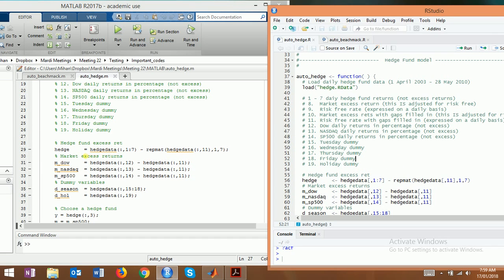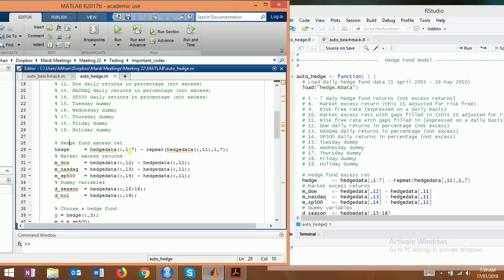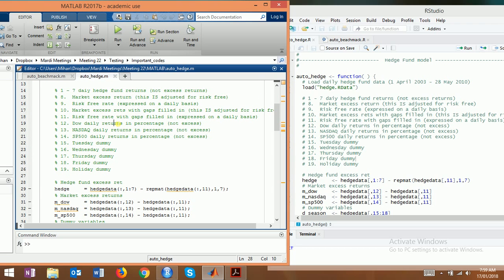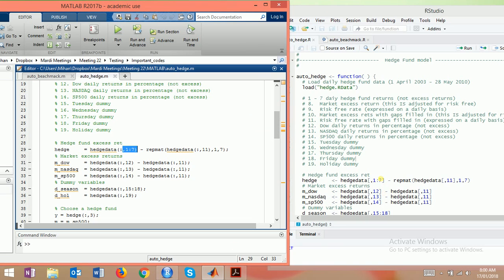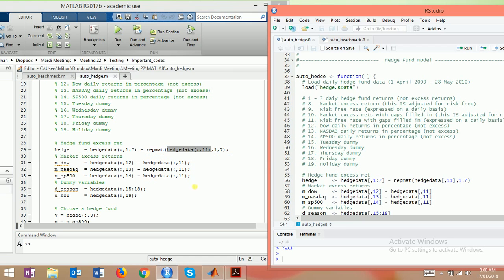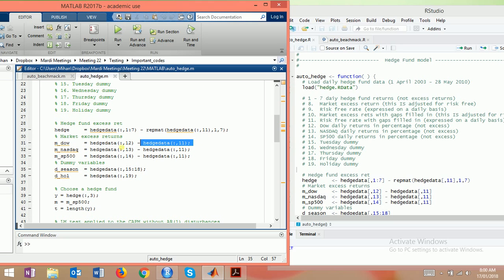Hedge fund excess return rate, columns 1 to 7 are the hedge funds, and column 11 is the risk-free rate, which is repeatedly created in 7 columns, and then gives us the return. Similarly, exactly in the same way we calculate all the returns.